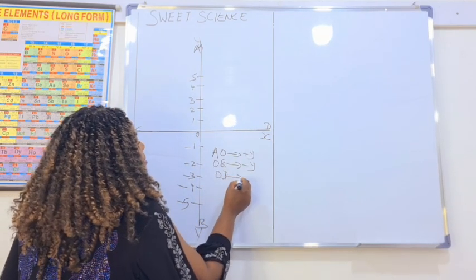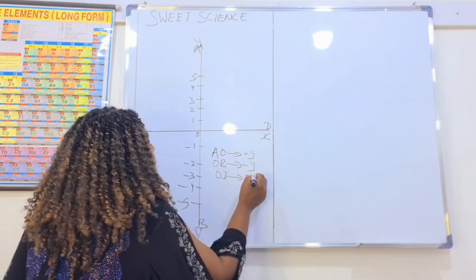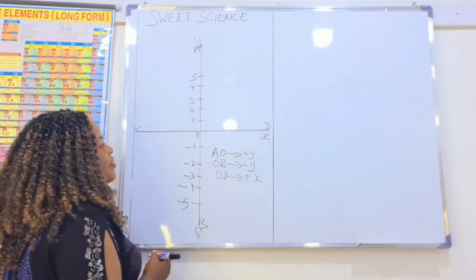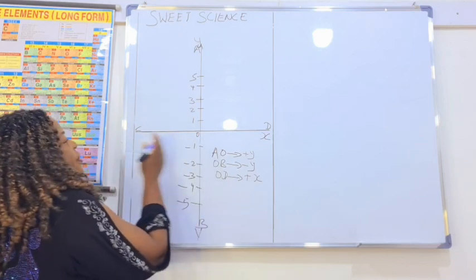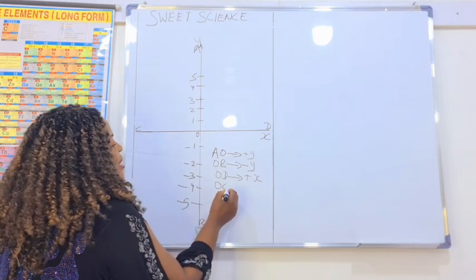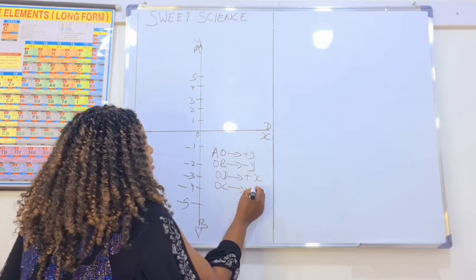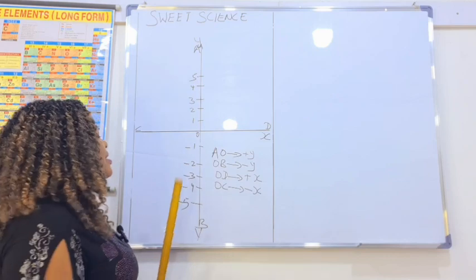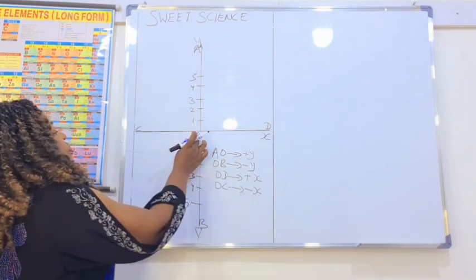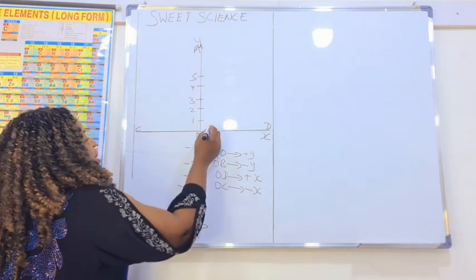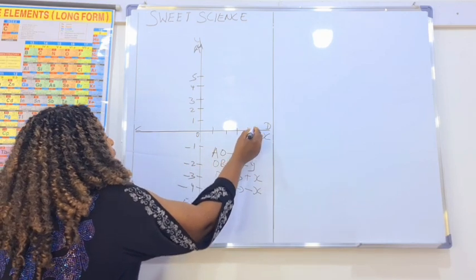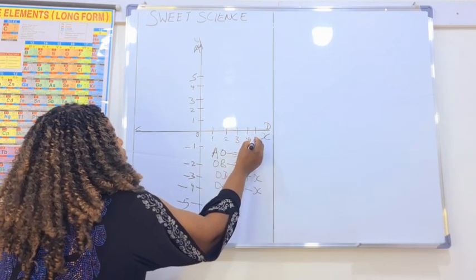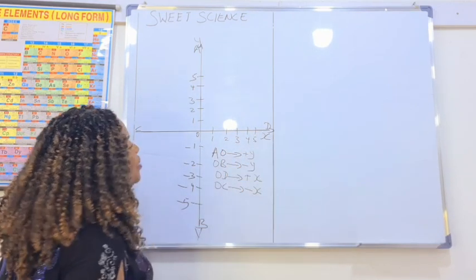OD is our positive x-axis, and OC is our negative x-axis. We can name them this way: 1, 2, 3, 4, 5, and we can continue with the arrow.